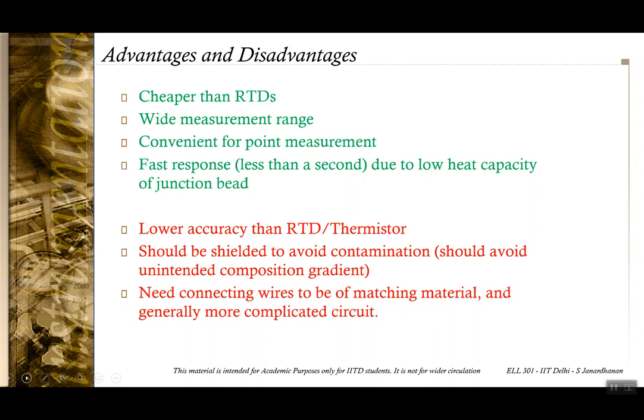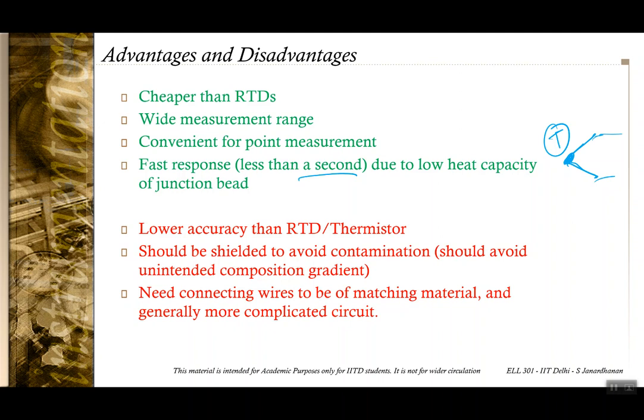And since only the junction needs to be heated up, and the thermal capacity of the entire thermocouple is not of concern, the junction can be heated up very quickly, particularly when the hot junction is already at a high temperature. The thermocouple's response time is really quick, in less than a second.